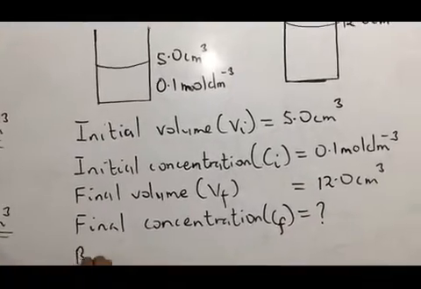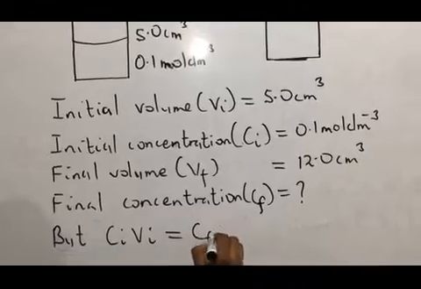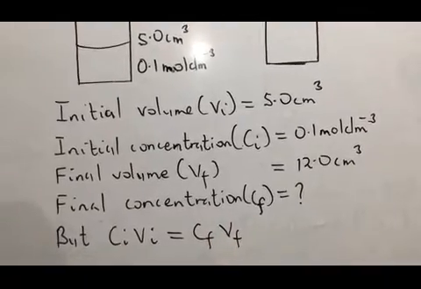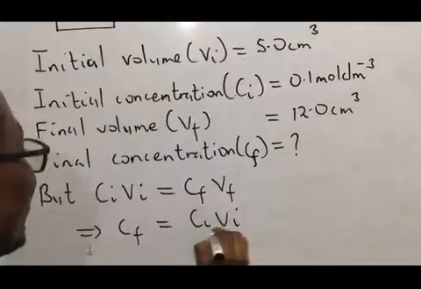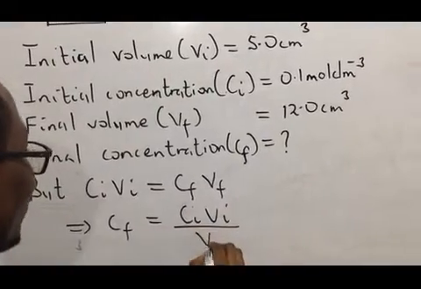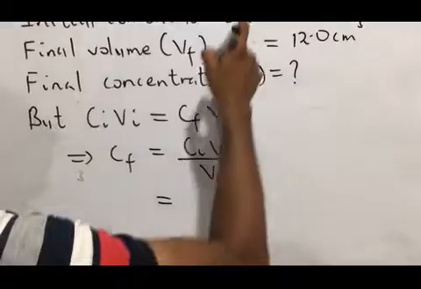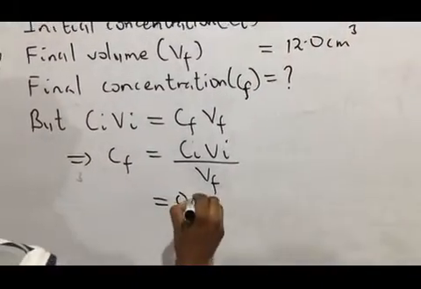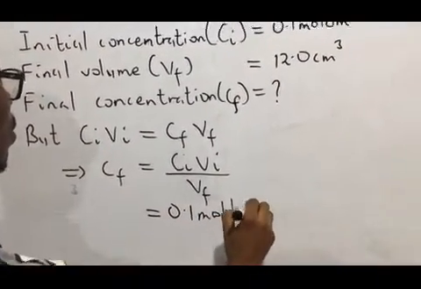So we make use of the dilution equation, CI VI equals CF VF. You make CF the subject, that'll give you CI VI over VF. You substitute the values. CI is 0.1 mole per dm cube.